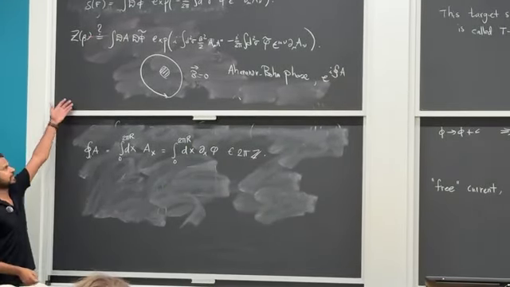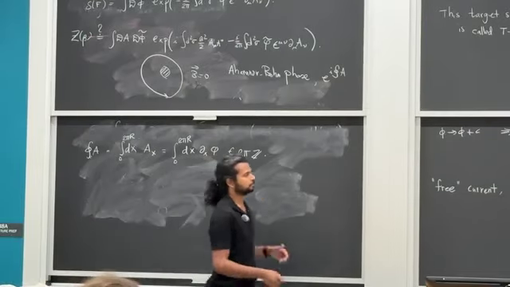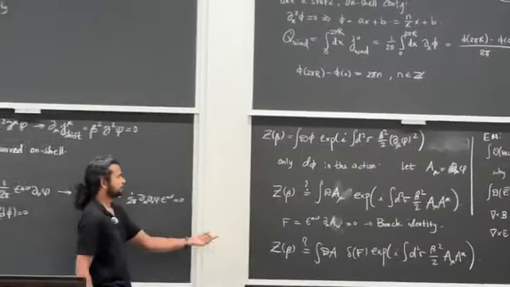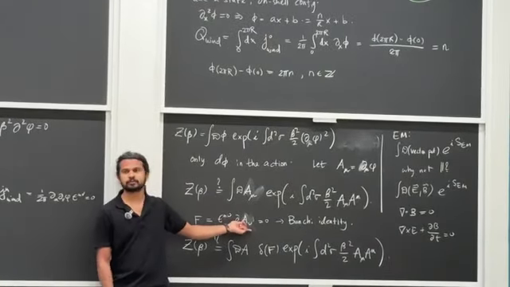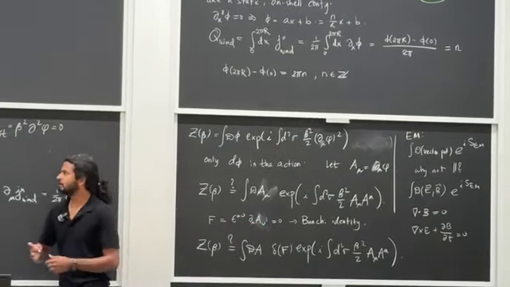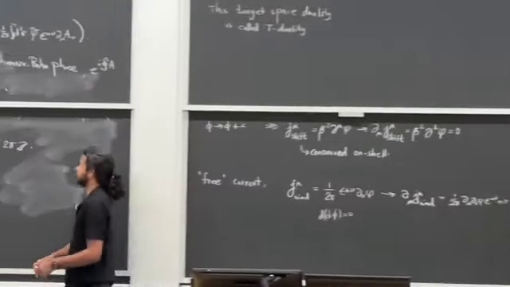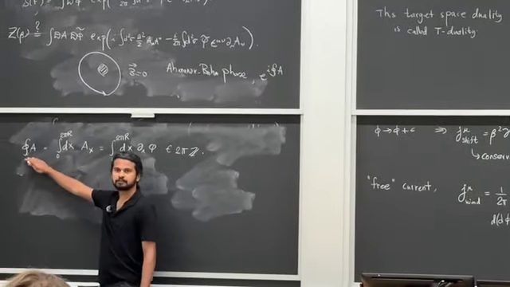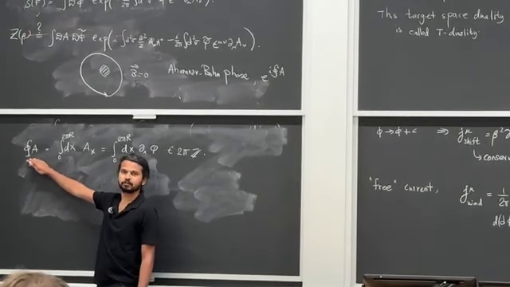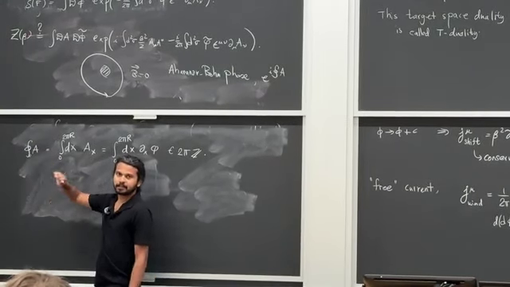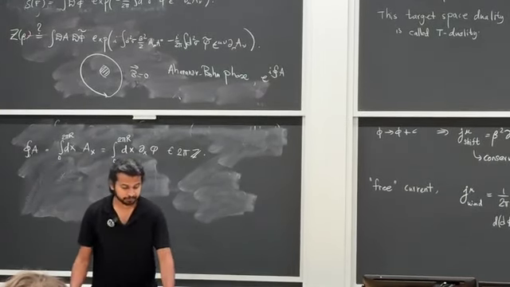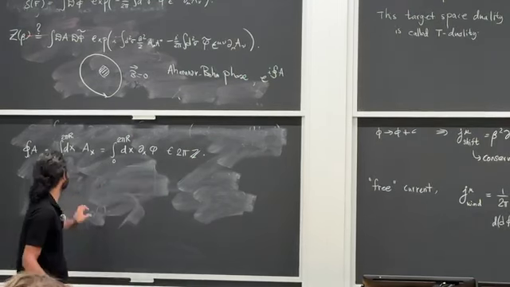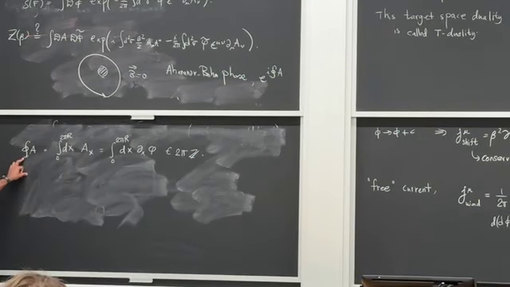So although we have set the electromagnetic field, or epsilon mu nu d mu A nu, to 0, it doesn't mean that this is 0. Again, Aharonov-Bohm effect analogy. We need this to be not 0, but we actually need to impose more.